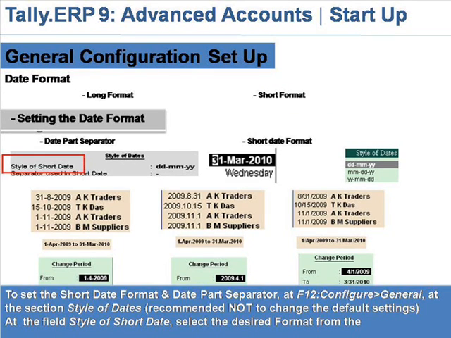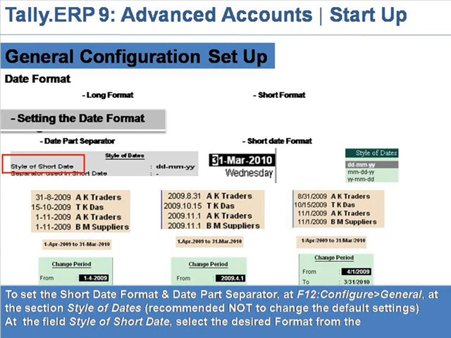Setting the date format. To set the date format and date part separator, at F12 Configure, General, at the section Style of Dates, it is recommended not to change the default settings.